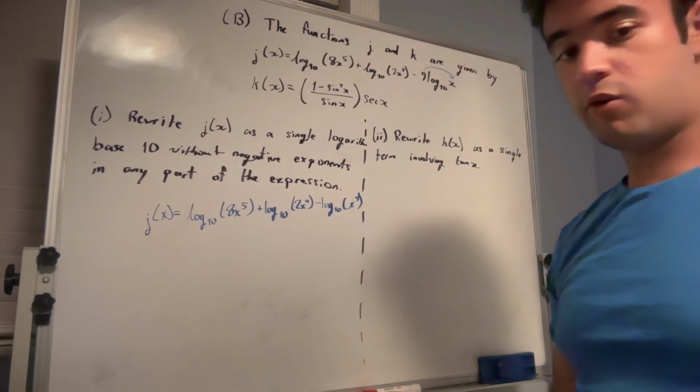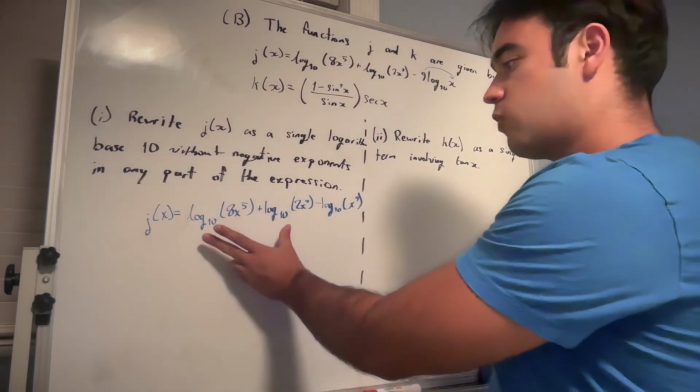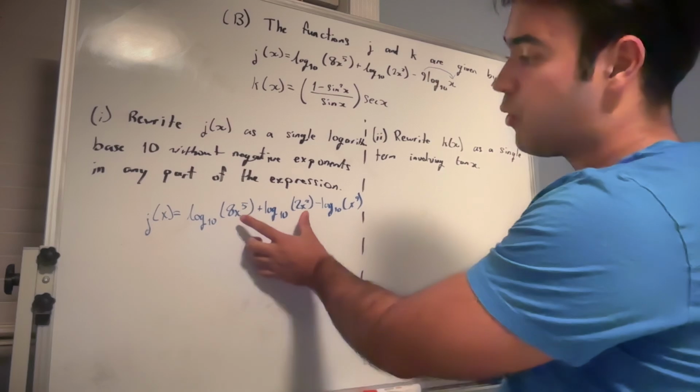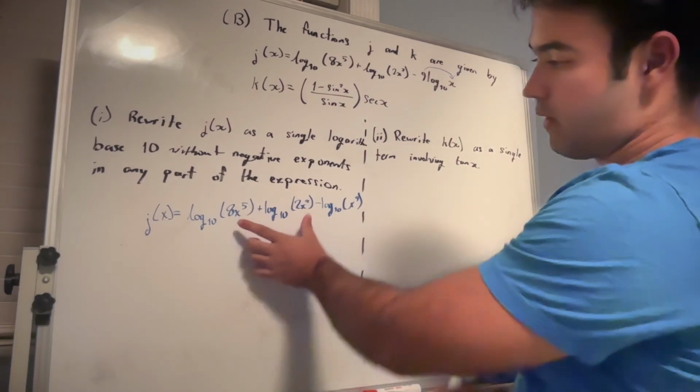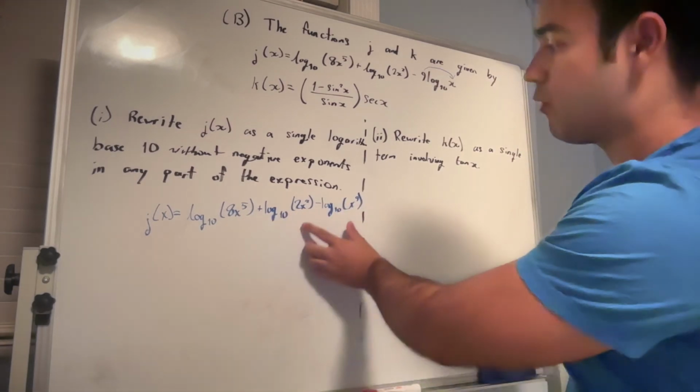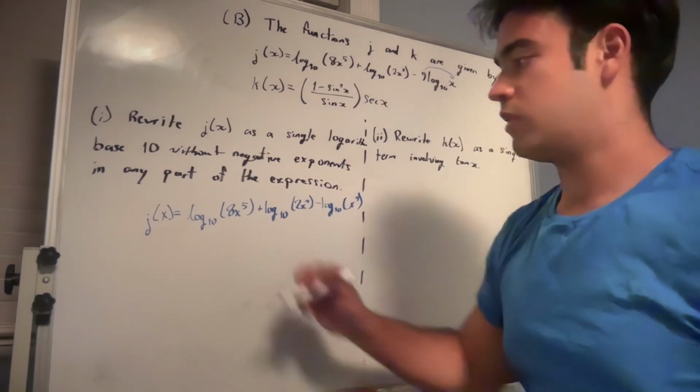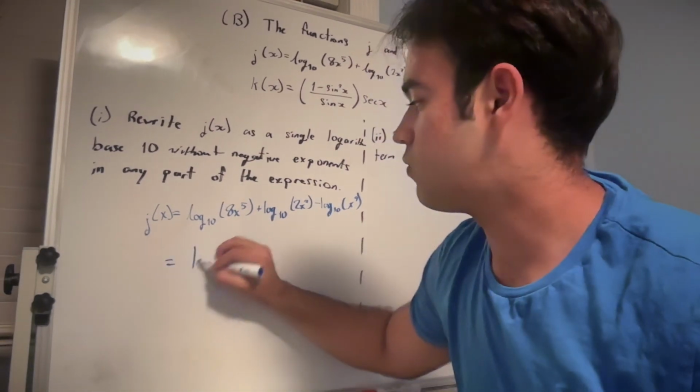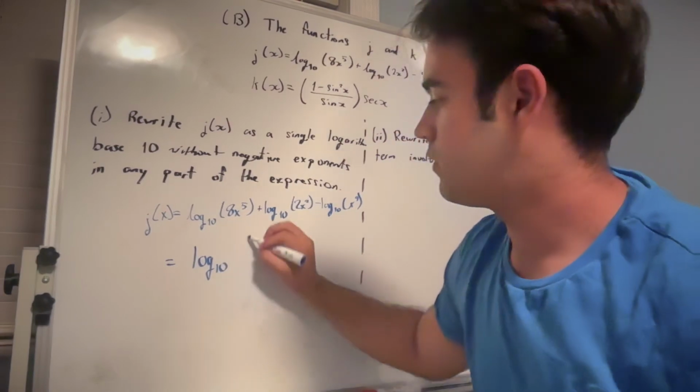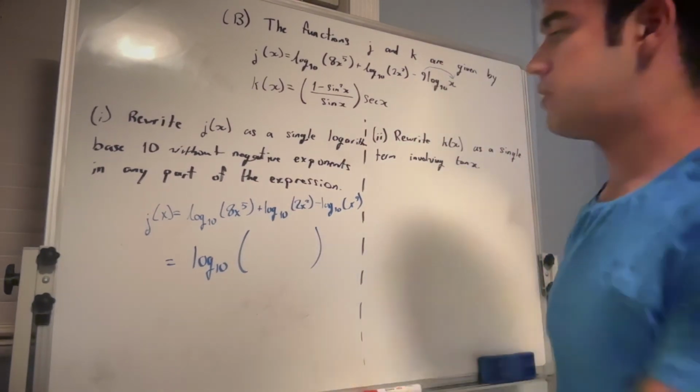And then from here, we know that if we're adding two logarithms to the same base, we can multiply their insides together. And if we're subtracting, we can divide. So what I can rewrite this as is one giant logarithm.